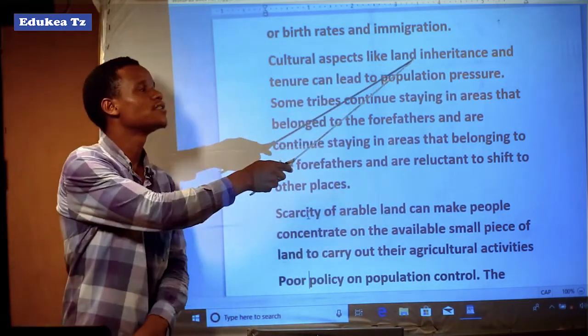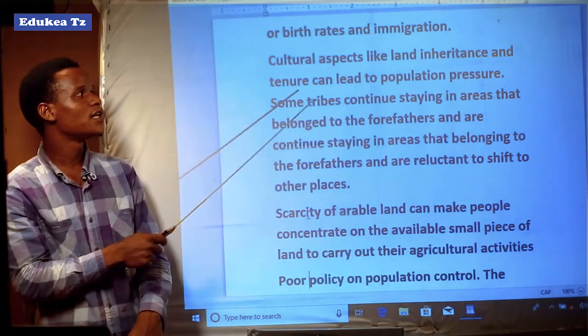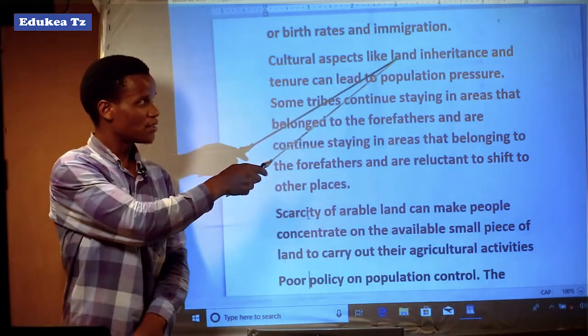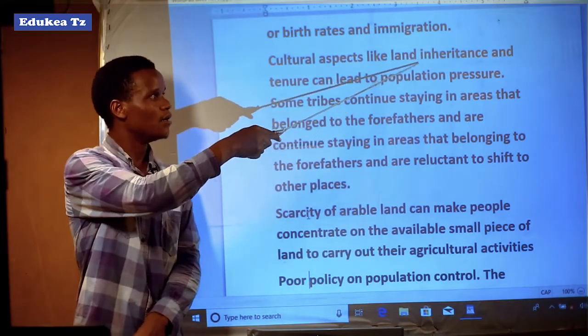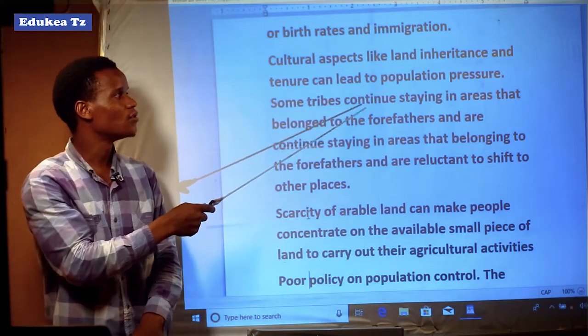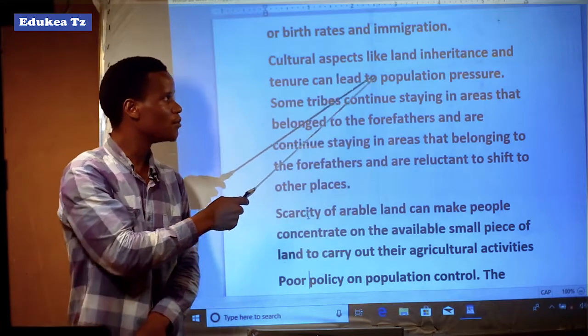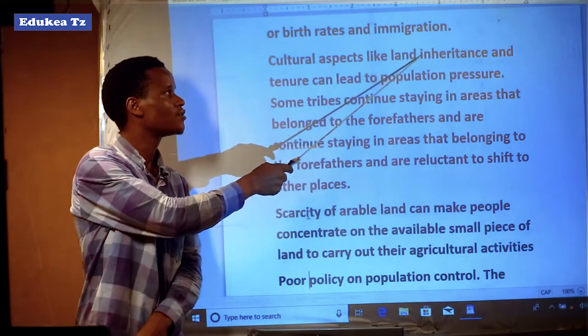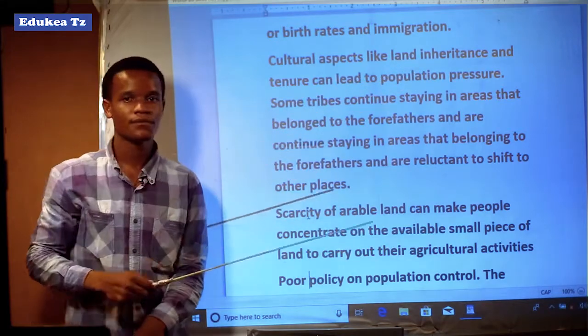For example, with land inheritance, people tend to believe that this cultural aspect makes them produce at a high rate. So the population will be high due to the belief in this kind of cultural aspect among the people in a certain area.